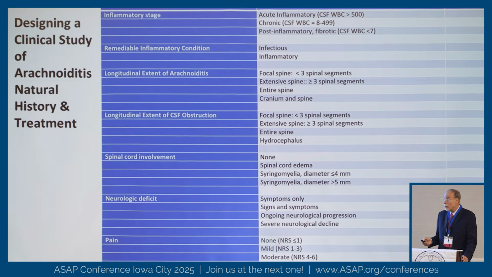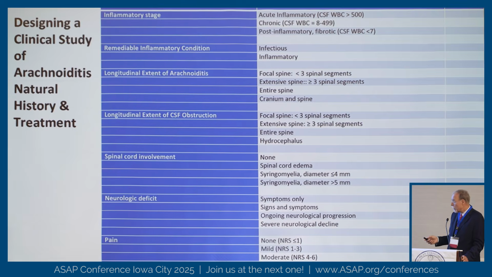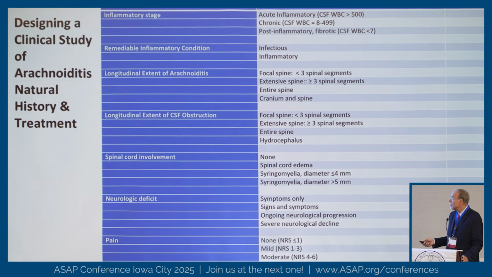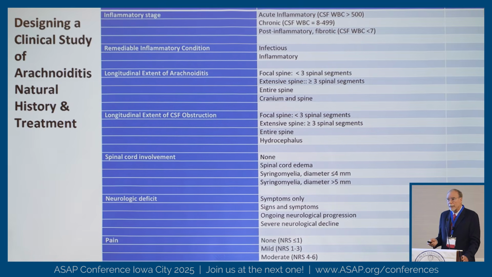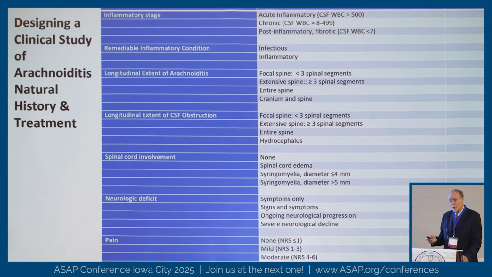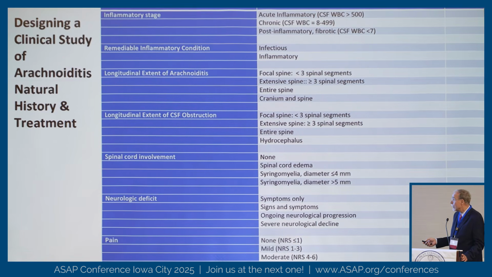And hopefully we could have a clinical trial and look at some of these things and see how the people did before and after in a very organized way, and really be able to evaluate if a treatment is effective.